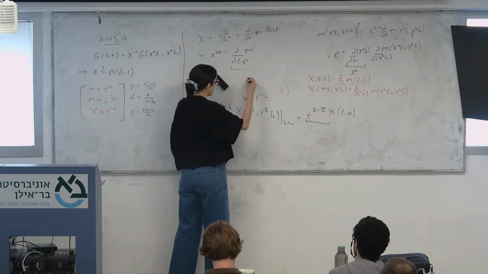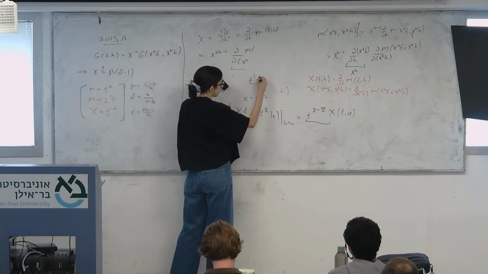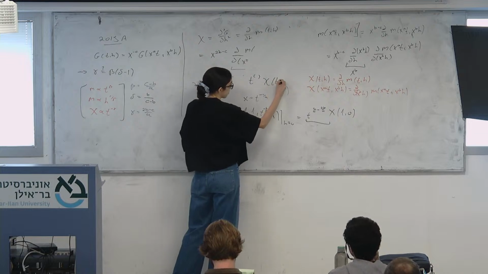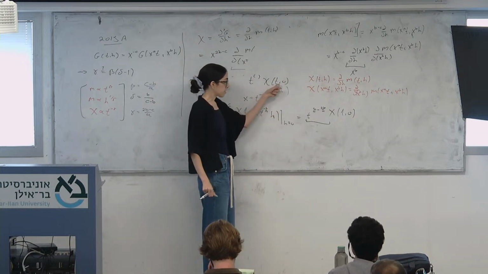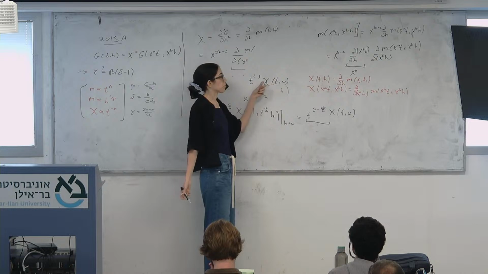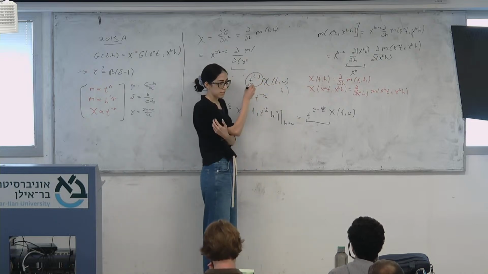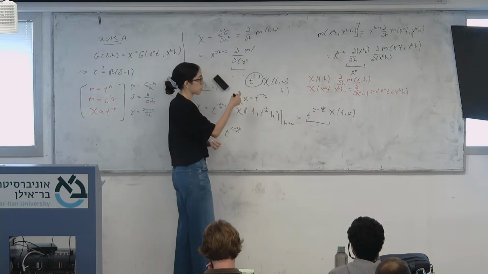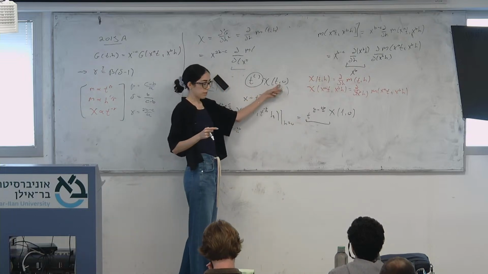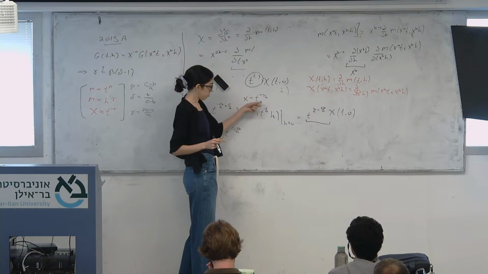If I get something that looks like t to something and then the susceptibility of t and 0, that depends on t. I don't know what that is. I want to know how the function depends on t. I cannot ignore that. To ignore that, I need to do this.